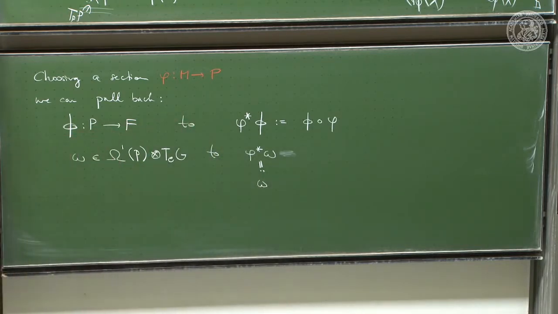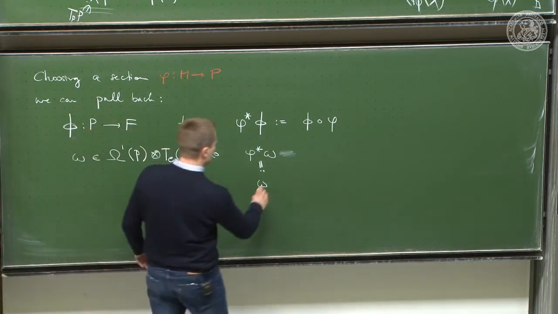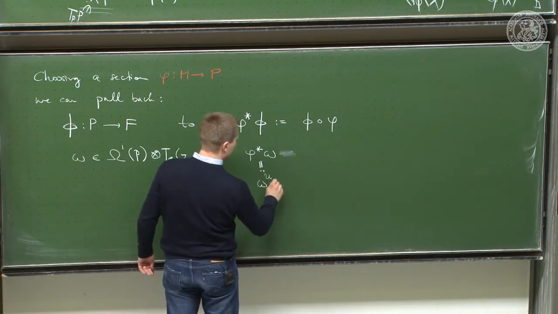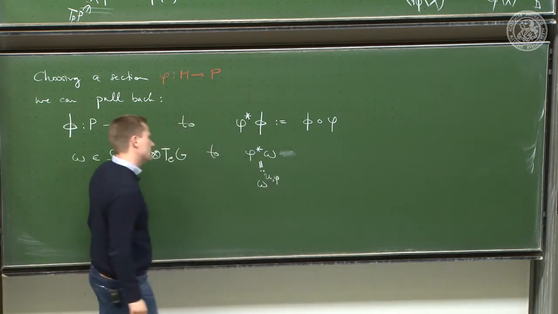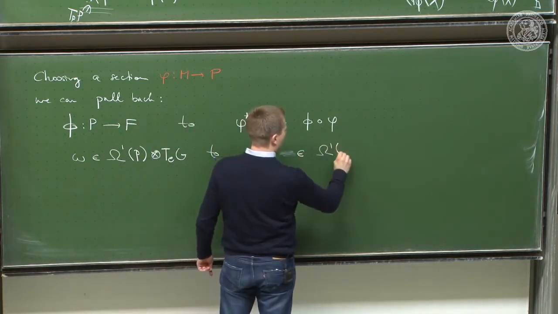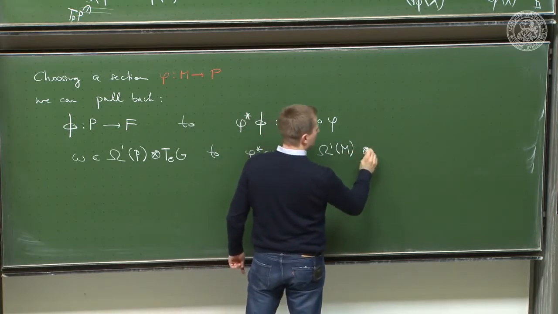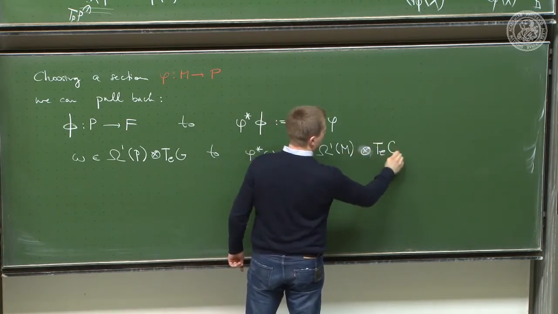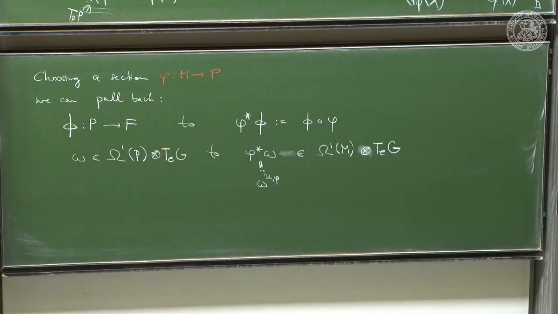If we choose a section phi, we usually can't choose a global section on a principal bundle, because then the principal bundle would already have to be trivial. So we only choose a local section on U. This would then be the induced Yang-Mills field induced from this choice of section. This Yang-Mills field is now, of course, a one form on the base manifold, but still Lie algebra valued. We had this before.